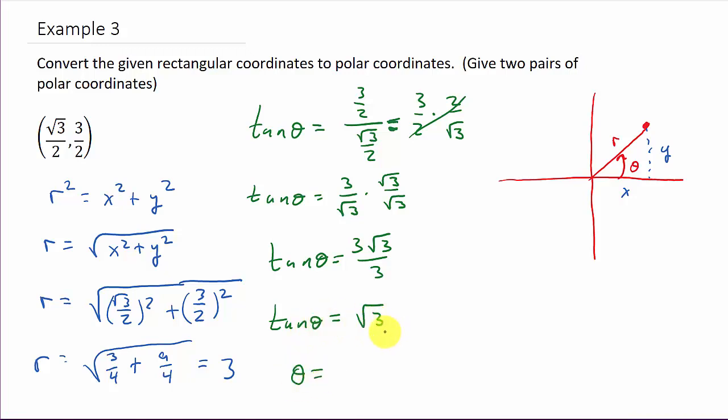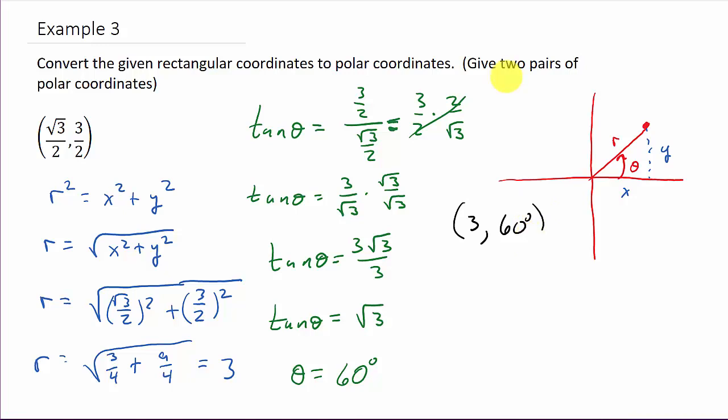Well, the tangent of what is square root of 3? And we are in the first quadrant, so that's 60 degrees. That's one of the special angles. And so our polar coordinates would be 3, 60 degrees. All right. But it does say give 2 pairs of points.